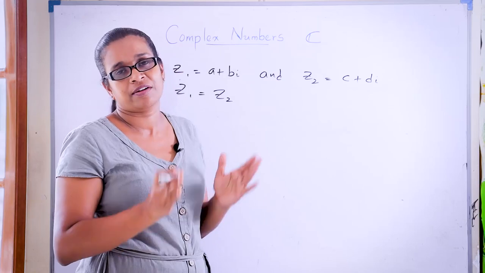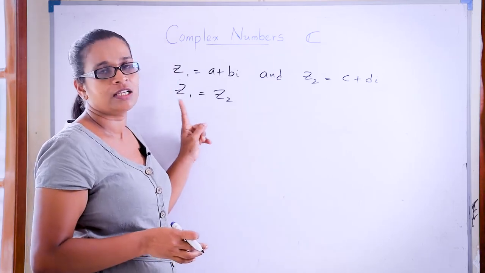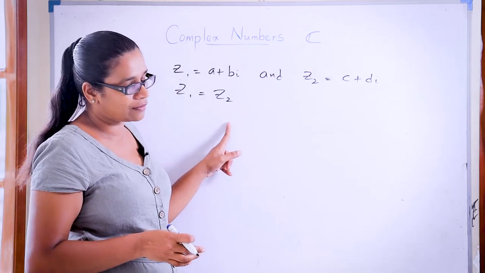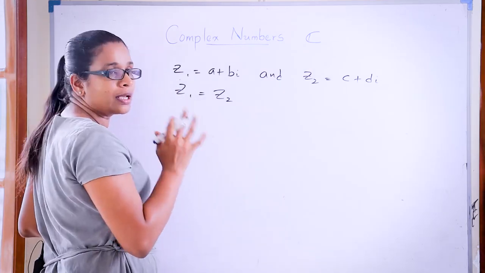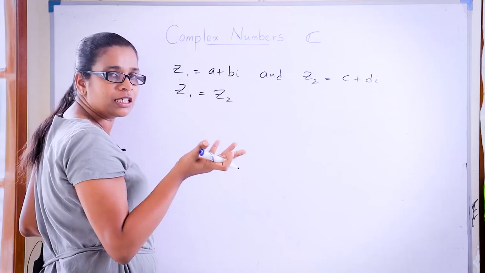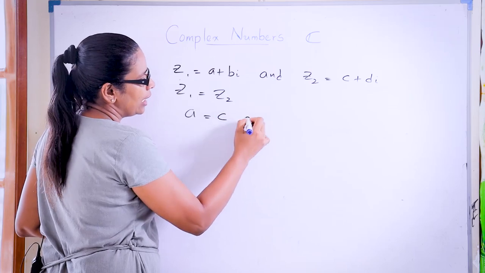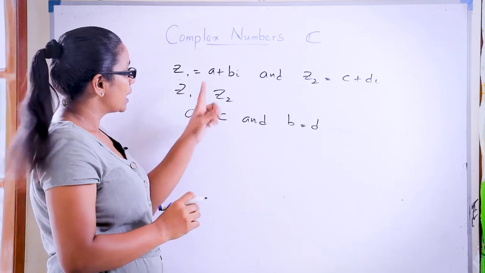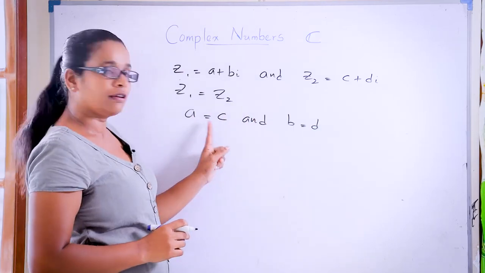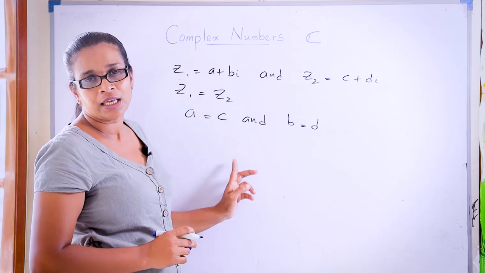So Z1 and Z2 can become equal if and only if a equals c and b equals d. The imaginary parts should be equal and the real parts should also be equal.